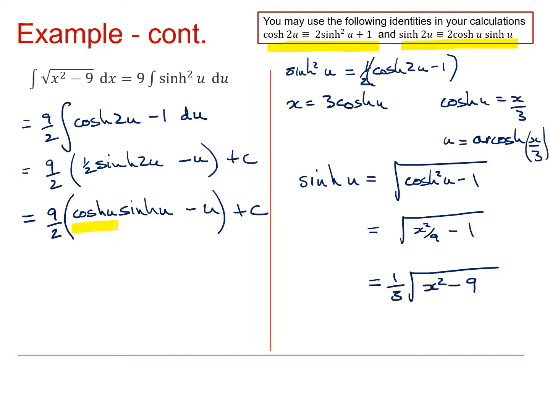I've now got all the bits that I need to convert this back into something in terms of x. I know that cosh u there is x over 3. I know that sinh u is a 1/3 root x squared minus 9.